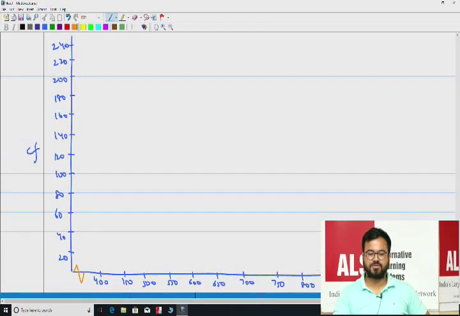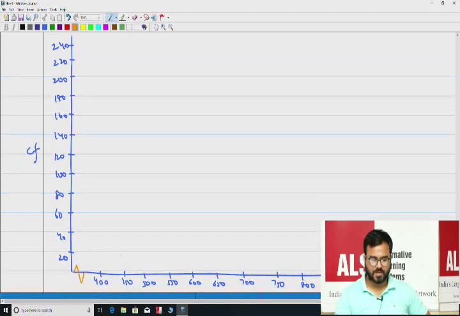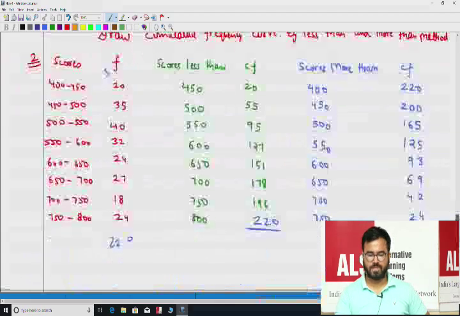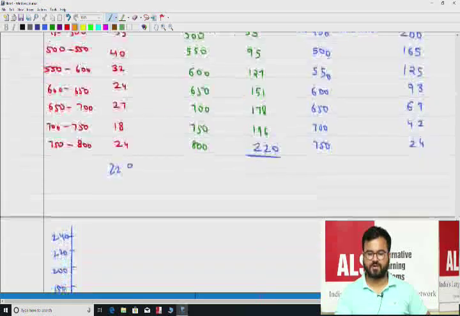So now the values 450, 20, 55 and 95. So this is 20. Then we have to go for 55. And then we have to go for 95. 127, 151 and 178.